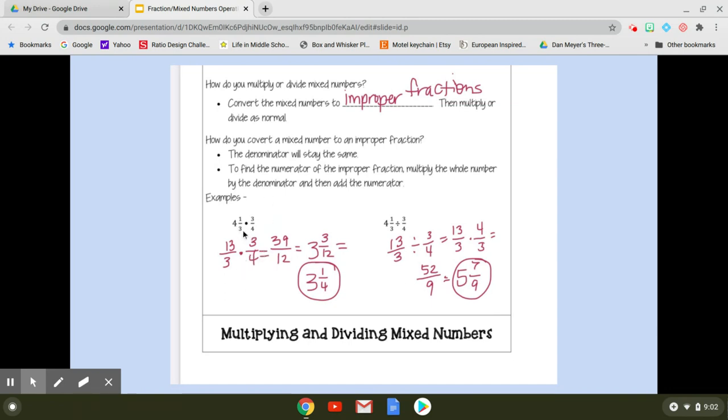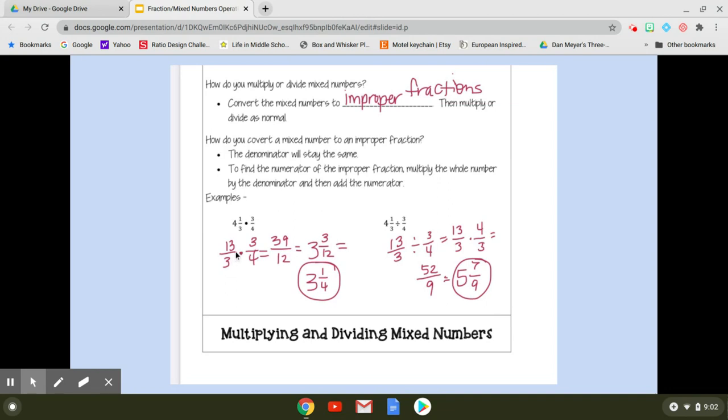We multiply the denominator times the whole number plus the numerator. So in this example, I've got 4 1/3 times 3/4. I'm going to take 4 1/3, multiply 3 times 4, which is 12, add another one, which is 13, or add my numerator. That is multiplied times 3/4.